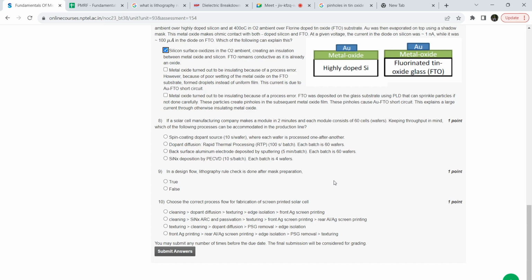Spin coating, dopant. There are times given for each processing, and if we calculate the time for processing those 60 wafers and it comes below 2 minutes or 120 seconds, that option should be correct. This should be the approach.